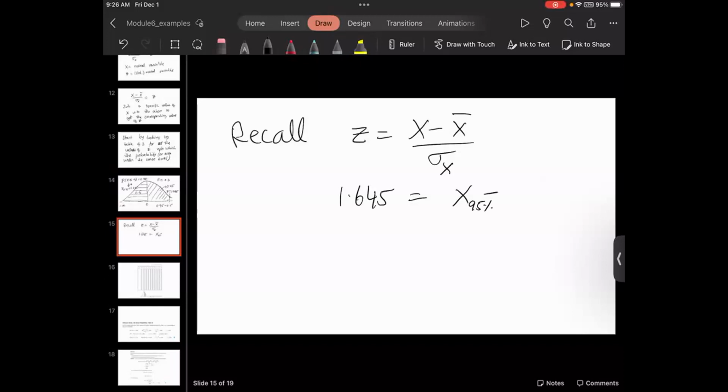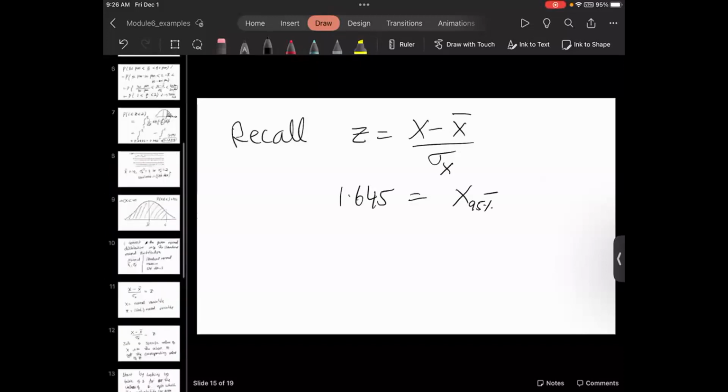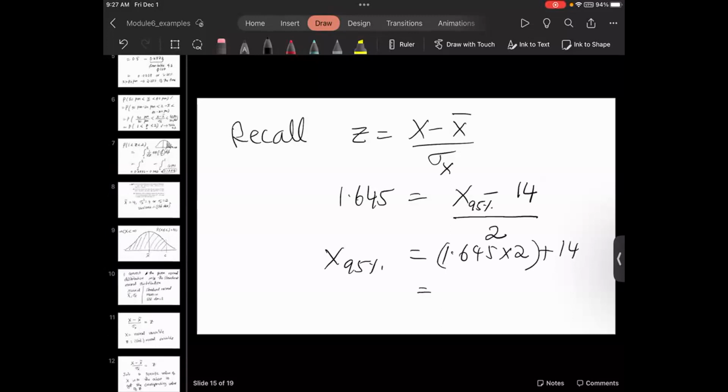What was X bar? X bar was 14. The mean is 14 and standard deviation is 2 units. So X95 is 1.645 times 2 plus 14, which is 3.29 plus 14, or 17.29.